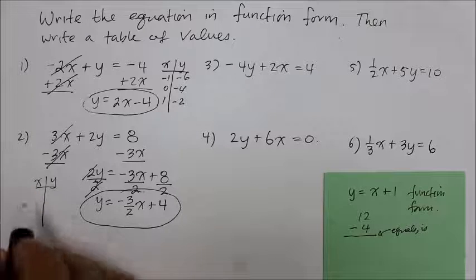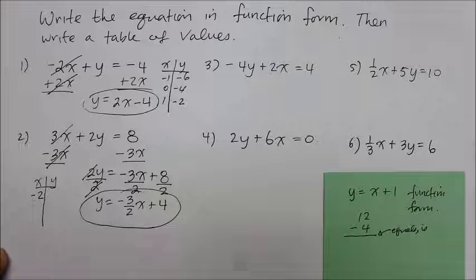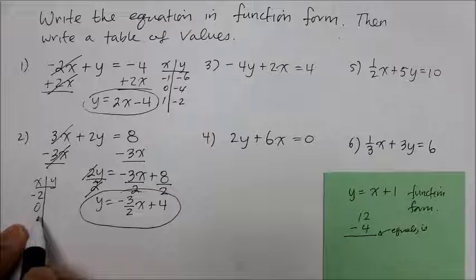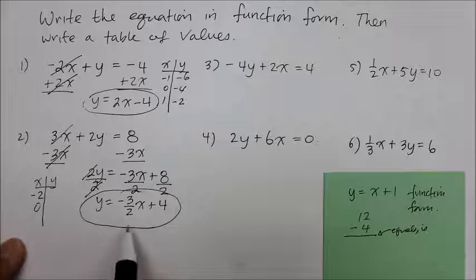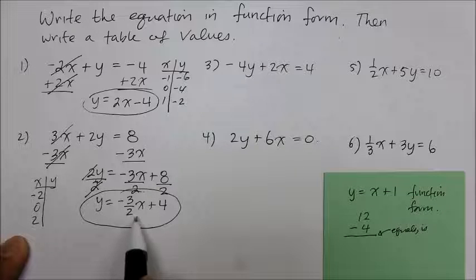For example, negative 2. The negative 2 will reduce the positive 2. I'll show you in a minute. The 0 is always a winner. 0 is a winner in this lesson. And another, positive 2. Try avoiding numbers that are not factors of 2, the denominator.